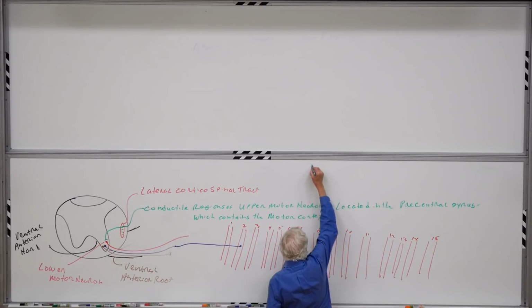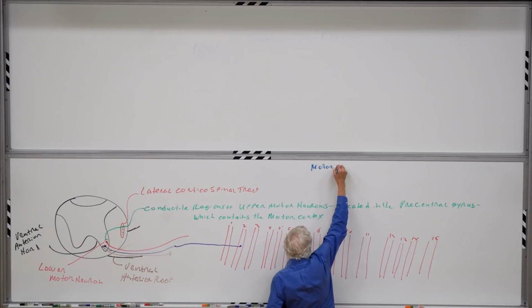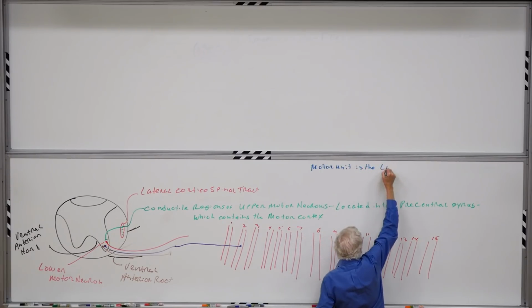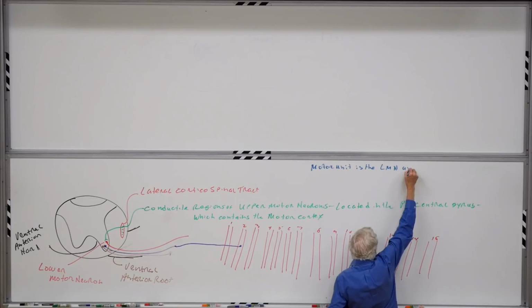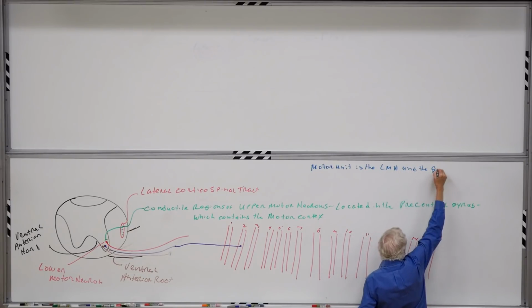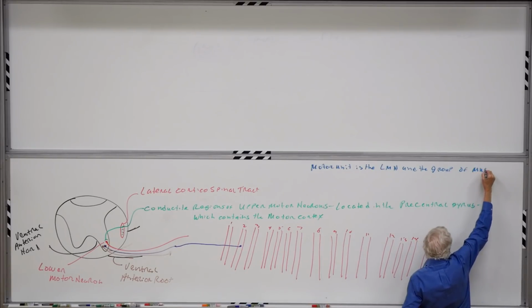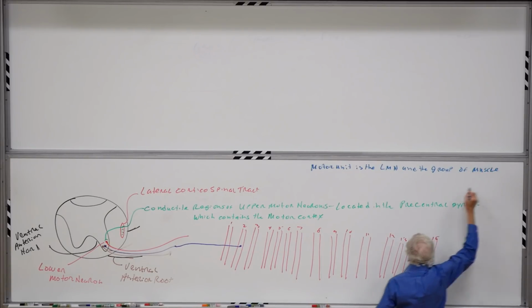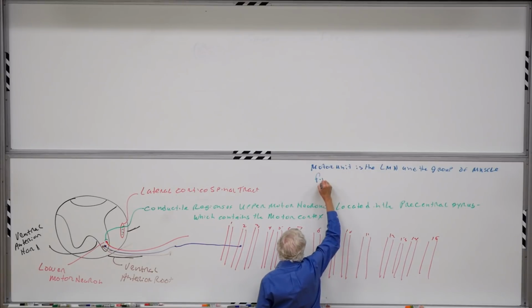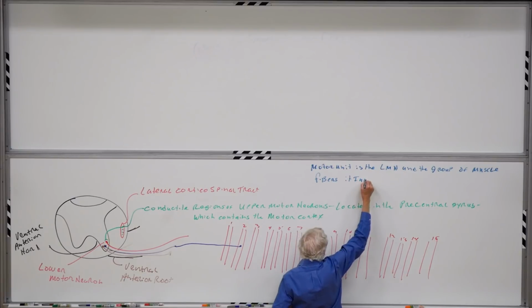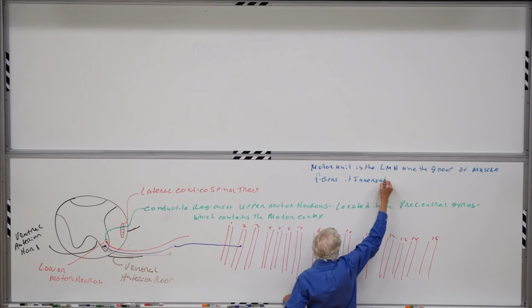A motor unit is the lower motor neuron and the group of muscle fibers it innervates.